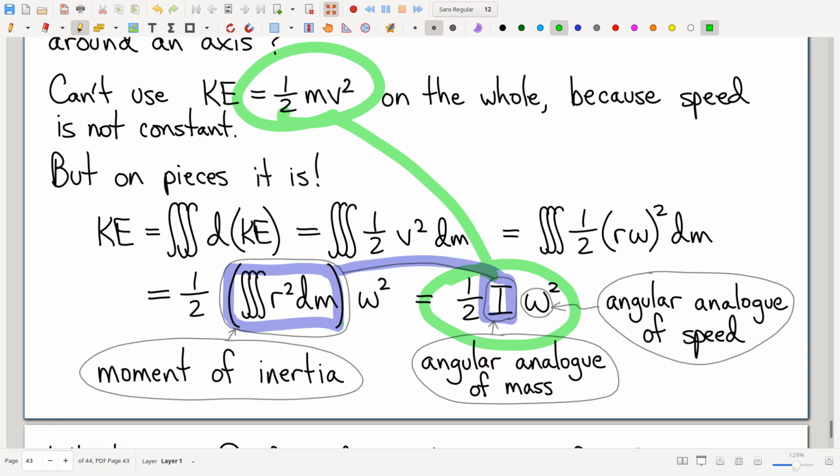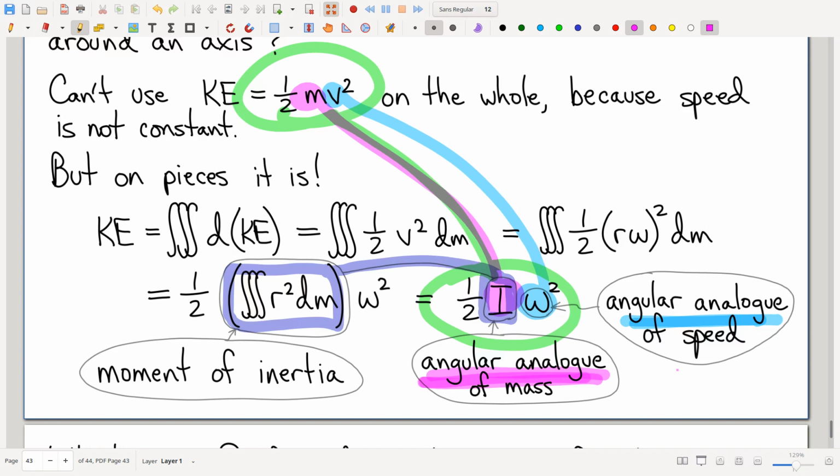Linear kinetic energy, angular kinetic energy, kind of the same structure. 1/2 of something times one of our speeds squared, right? There's a lot of analogy between these two formulas. And in the same sense that omega is the angular analog of speed, likewise, it makes sense to view this thing called I as an angular analog of mass.